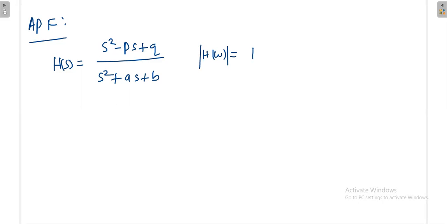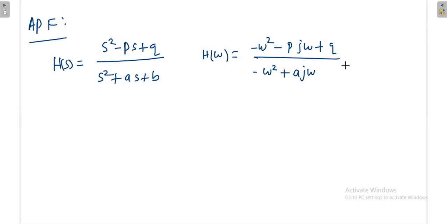Then how to write it? H of j omega, you substitute j omega: (minus omega square minus p j omega plus q) divided by (minus omega square plus a j omega plus b).